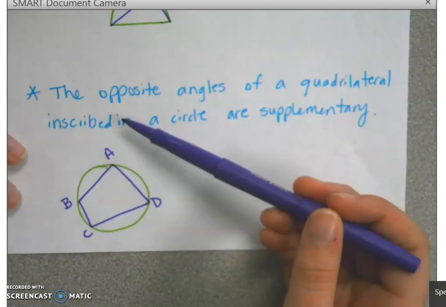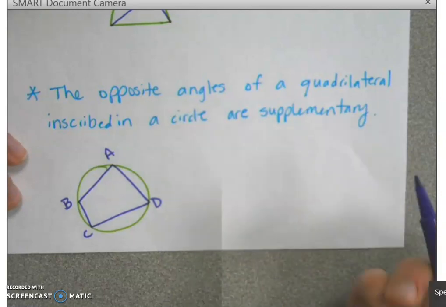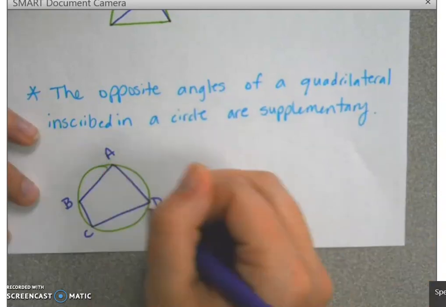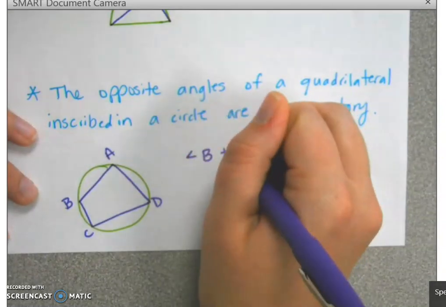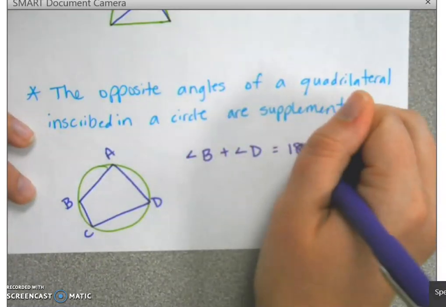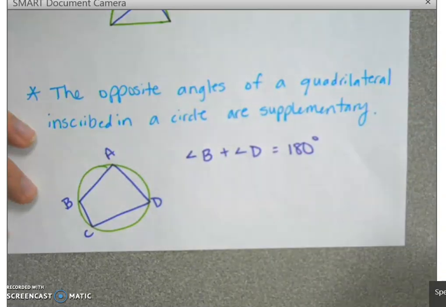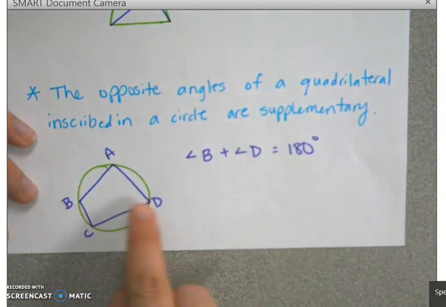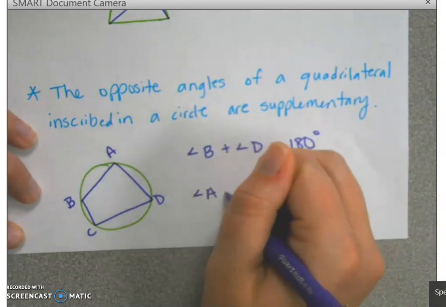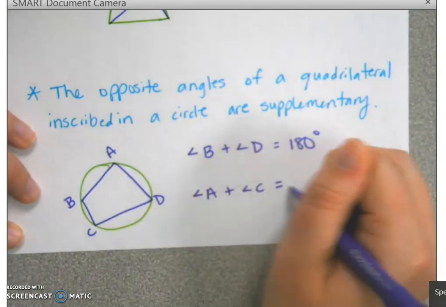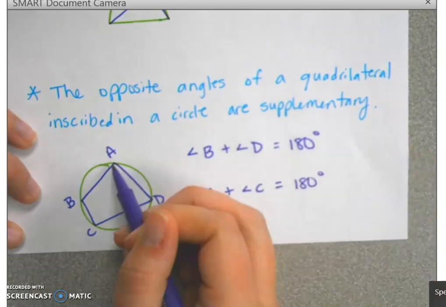Now it says opposite angles are supplementary. What that means is angle B and D are opposite of each other. And they're supplementary, which means they add to 180. So angle B plus angle D equals 180. And angle A plus angle C equals 180. That is because they are opposite of each other.